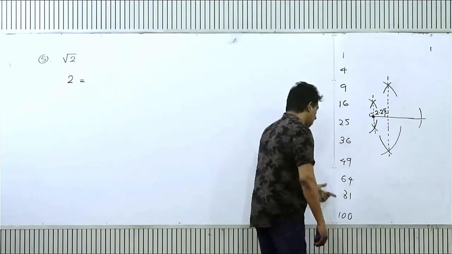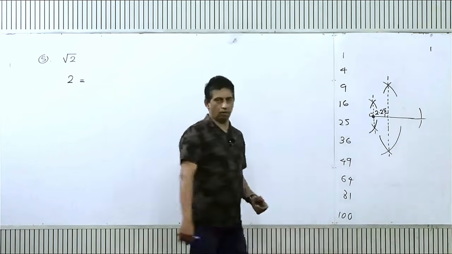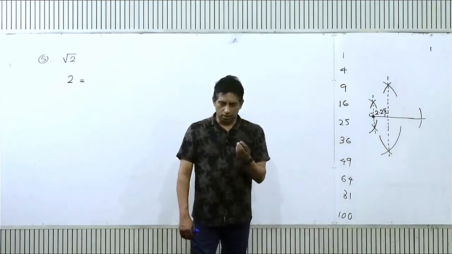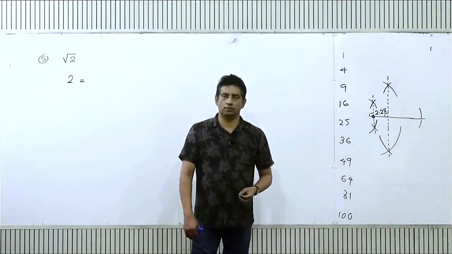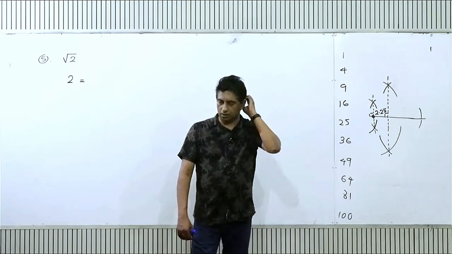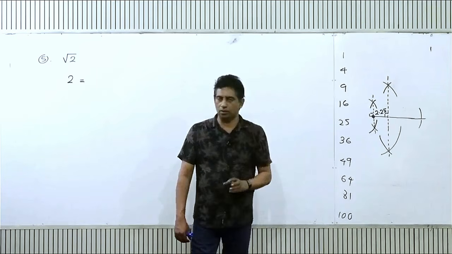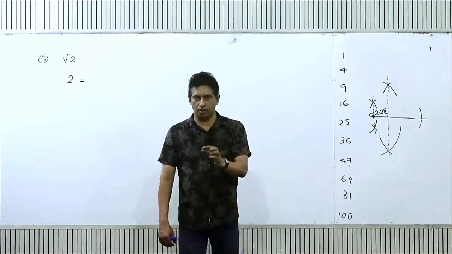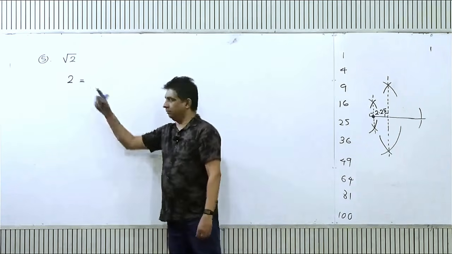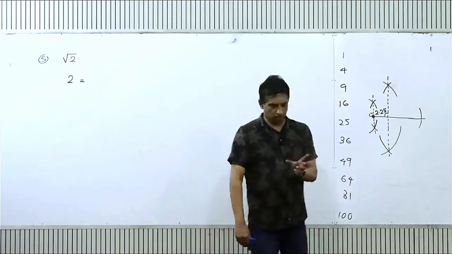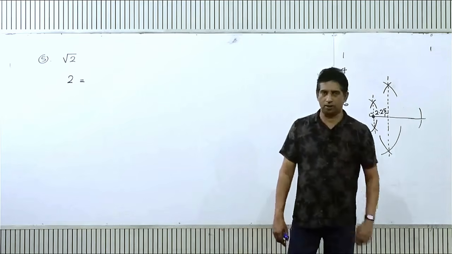By using these two numbers, or by using the same number again and again, you have to express this number as an addition or as a subtraction. That is the way we have to do.